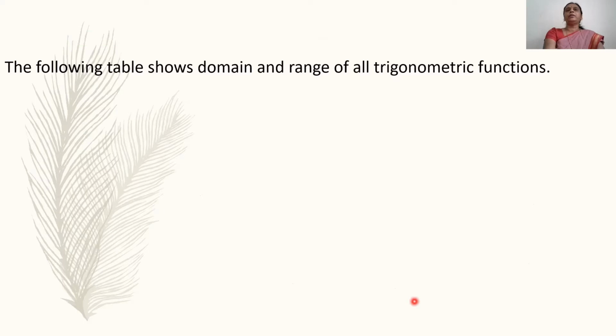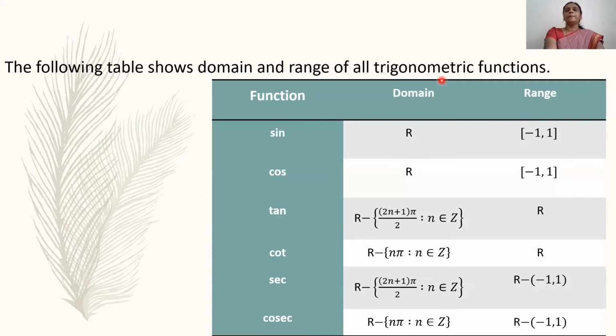The following table shows you the domain and range of all trigonometric functions. You have studied in your earlier standard the domain and range of the 6 trigonometric functions. For sine, the domain is R, range is -1 to 1. For cos, the domain is R, that is the set of real numbers, and the range is the closed interval -1 to 1.